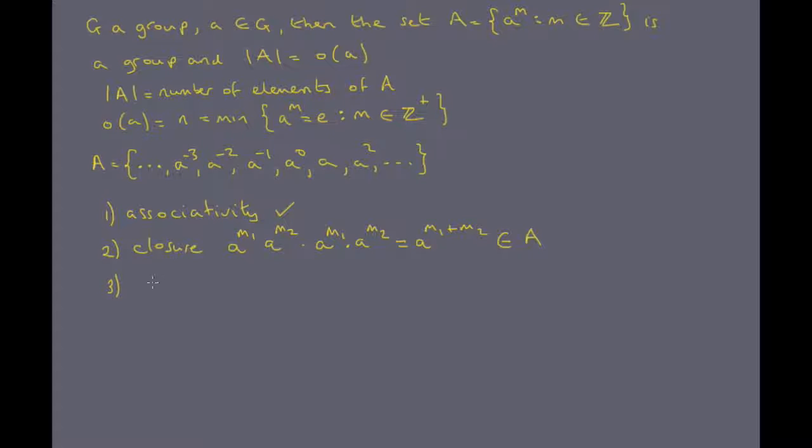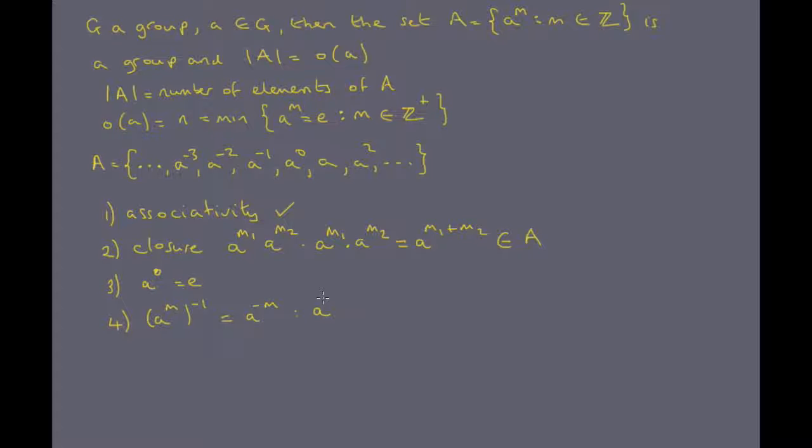Now 0 is an integer, so little a to the power of 0 is e, the identity, so the identity is in the set. And finally, for an element a to the power of m, we can write the inverse of a to the power of m as a to the negative m. Let's just see why.